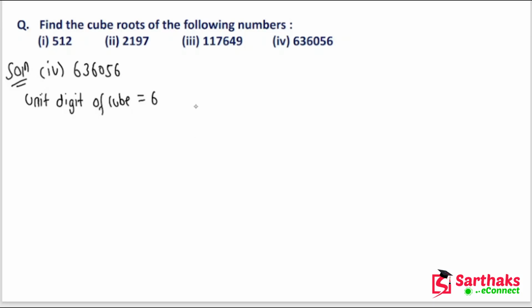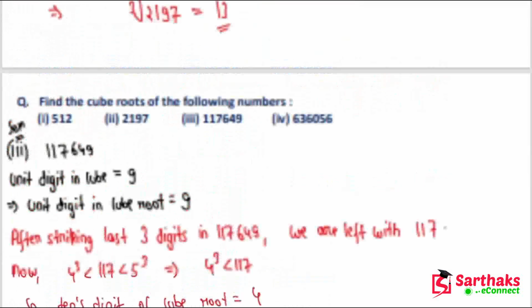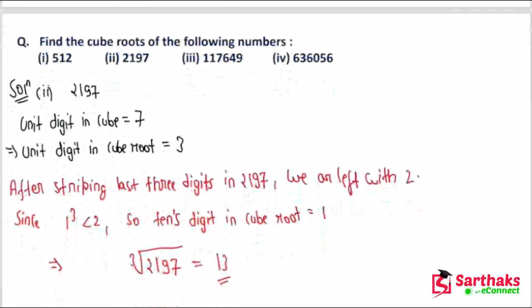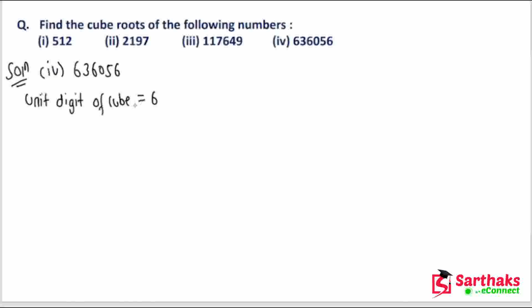If the unit digit is 6, we all know whose cube ends at 6. Only 6 cube, because 6 cube is 216. Let us see the table. You can see that 6 cube ends at 6 only.